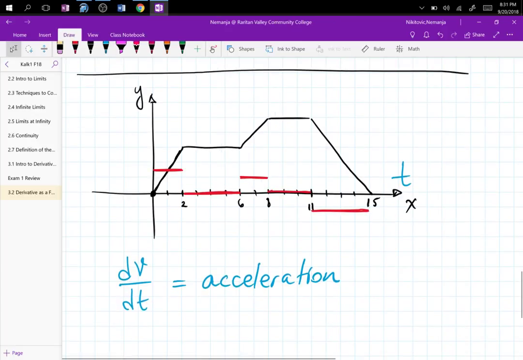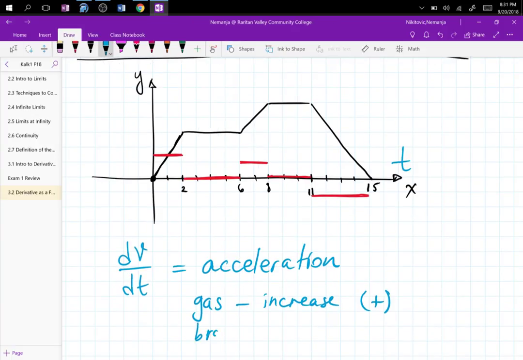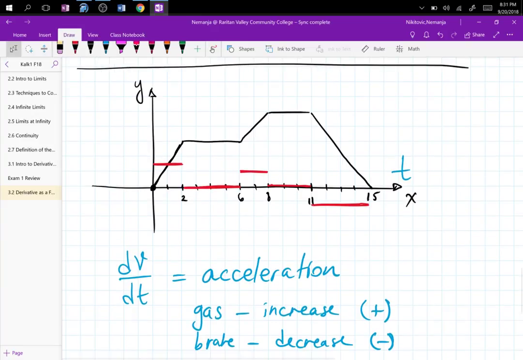And you have 2 different types of acceleration. You have the gas pedal, which is increase, which is positive, and you have brake, which is decrease, which is negative. So what happens here?